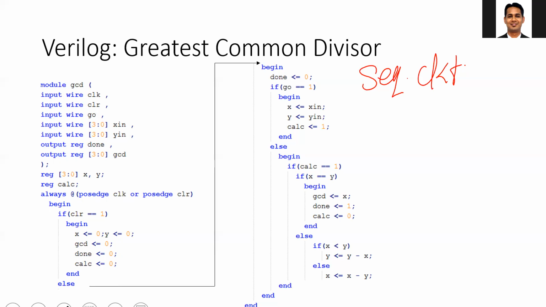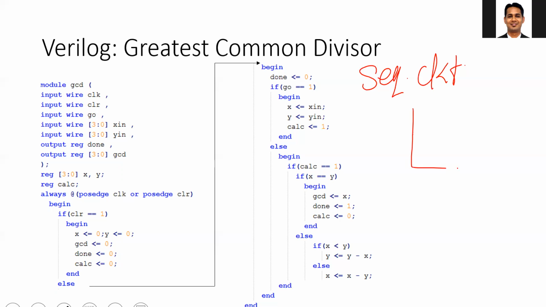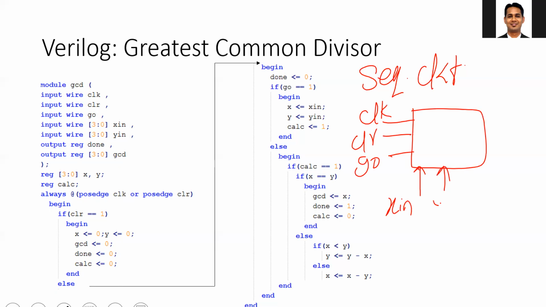So what the student did, they defined the sequential circuit where you have the inputs clock, clear, go, X in and Y in, which are the inputs for the GCD calculation, and then there are two outputs: done, to indicate that the output is completed, and the GCD value.